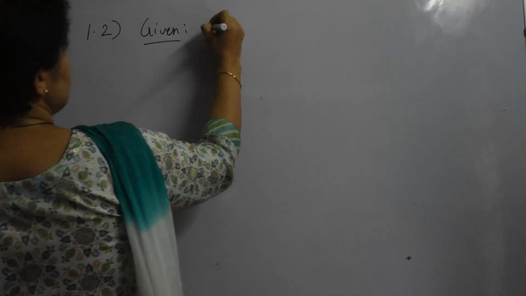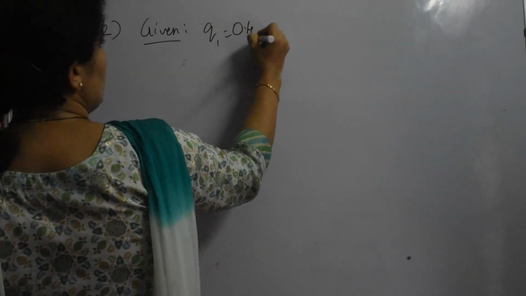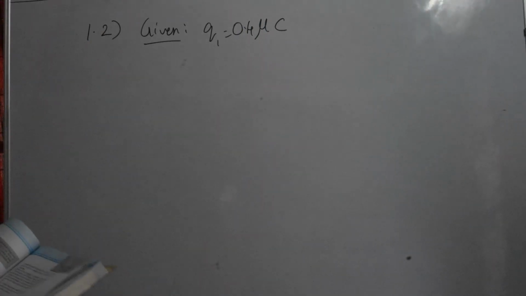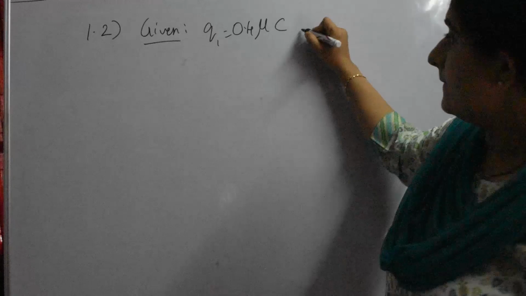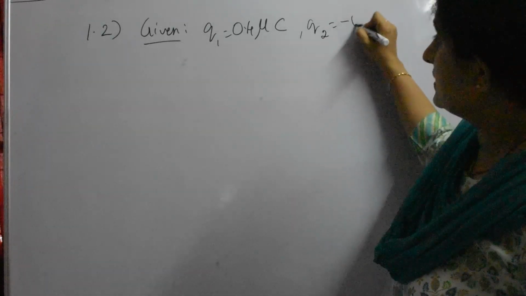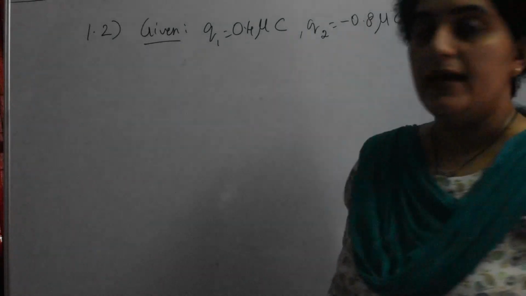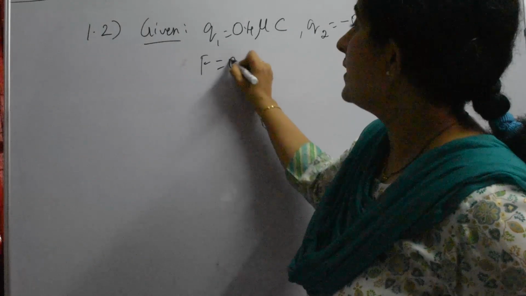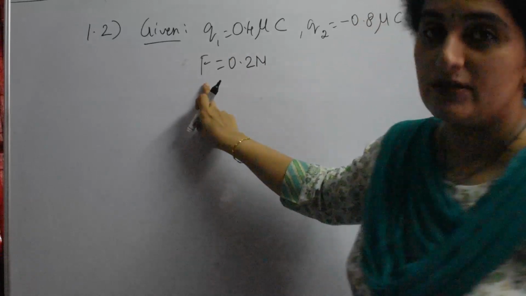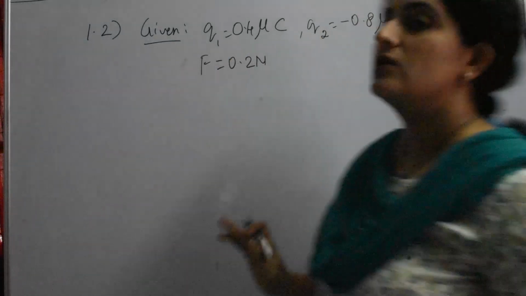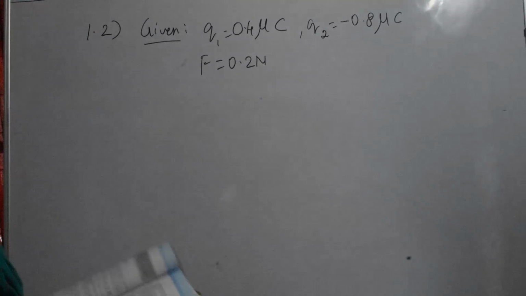As soon as you get the data, just write it down. 0.4 microcoulomb, micro is 10 to the power minus 6, due to another small charged sphere of charge minus 0.8 microcoulomb. Just note it down. Here it has to be attractive in nature because Q2 is minus 0.8 microcoulomb. In air is 0.2 Newton. So you are given the force here. I think you have to calculate distance maybe.